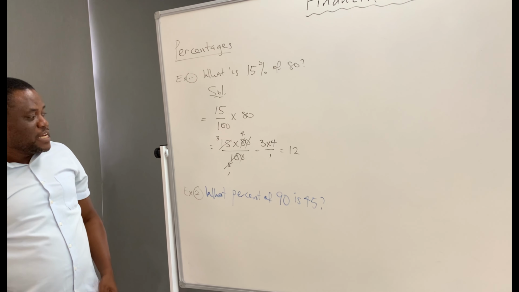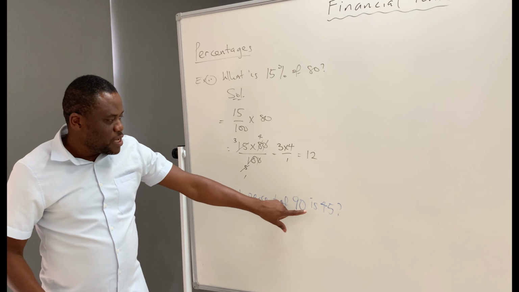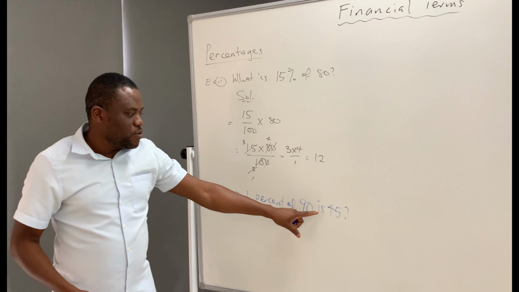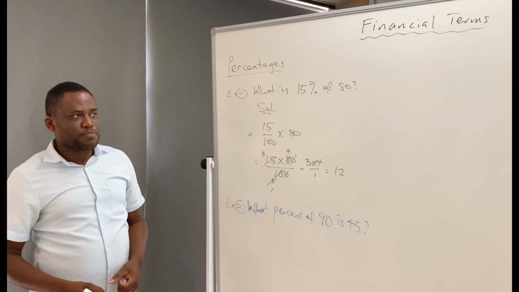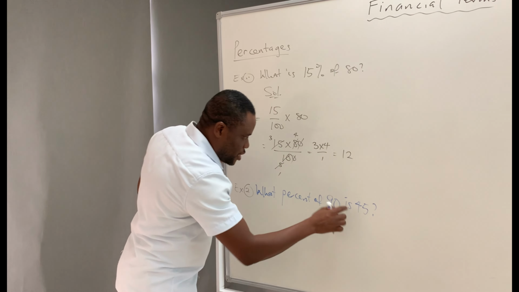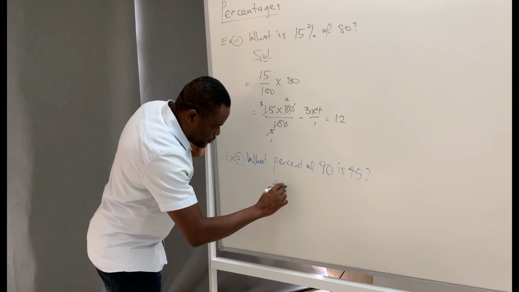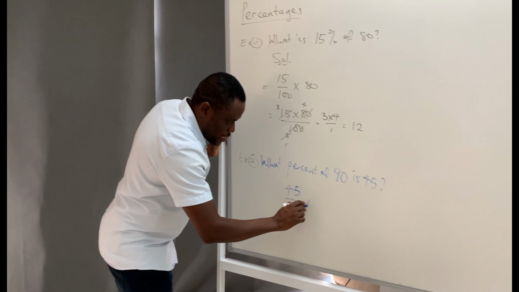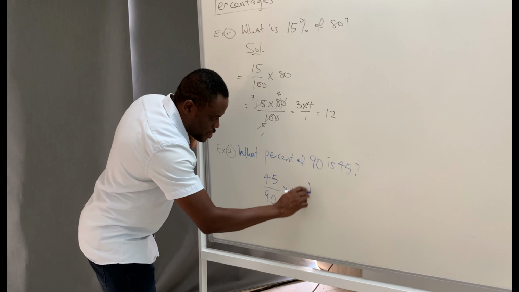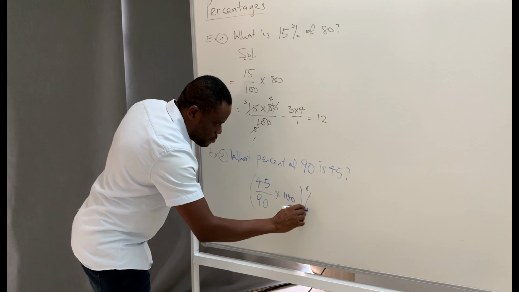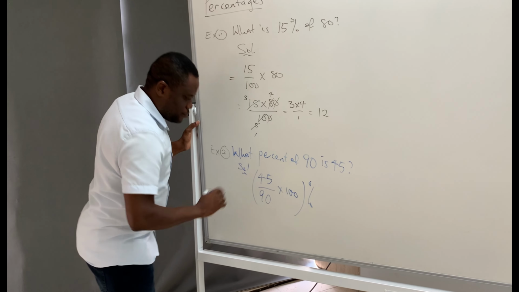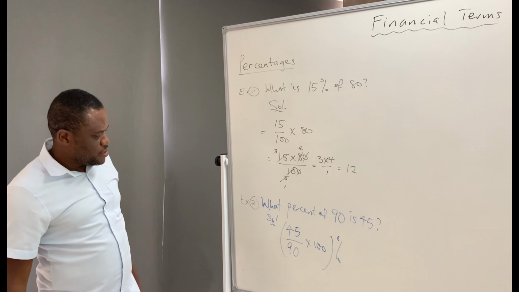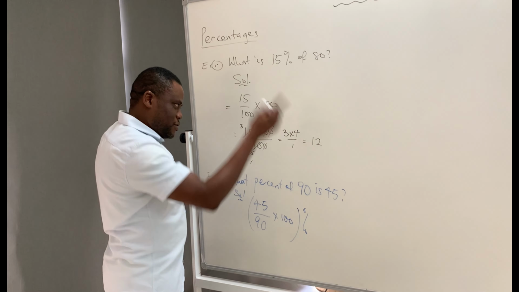They give us the number and the result is 45. We should now look for the percentage. That is, the result 45 divided by 90 times 100, everything percent. This is the solution. That's just like what we just finished, the example before this one.